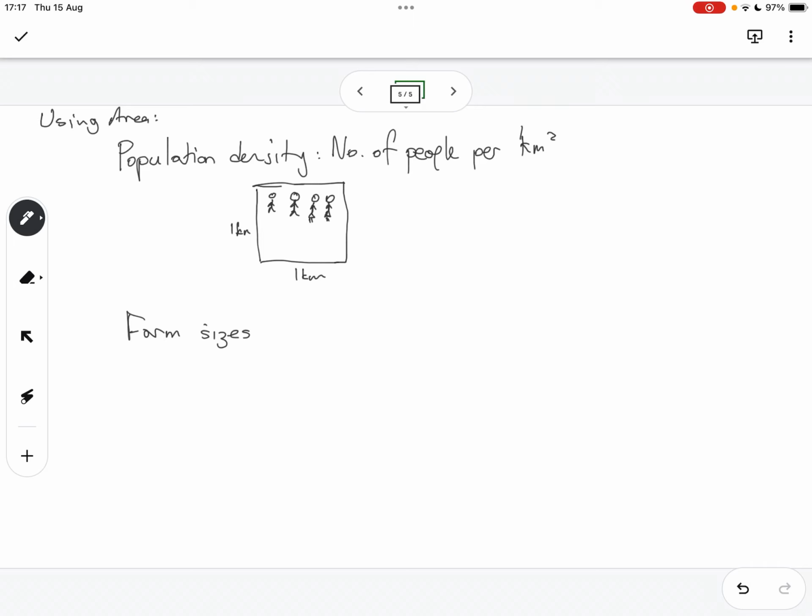Ne? Then that's in hectares, which are 10,000 square meters. So in other words, 100 meters times 100 meters. Right? Yeah, that's just one of those things.